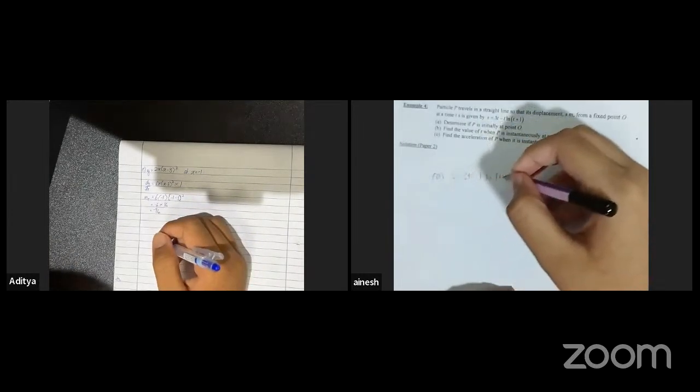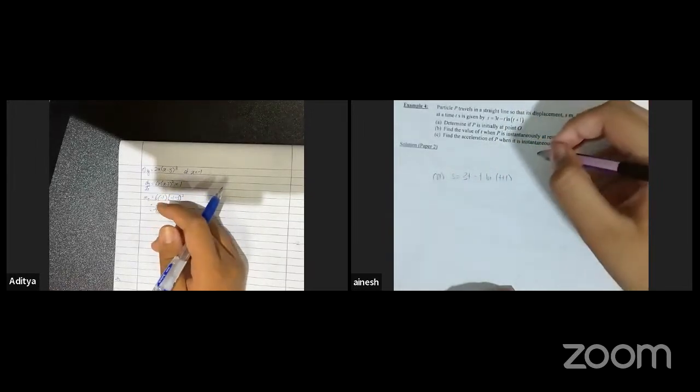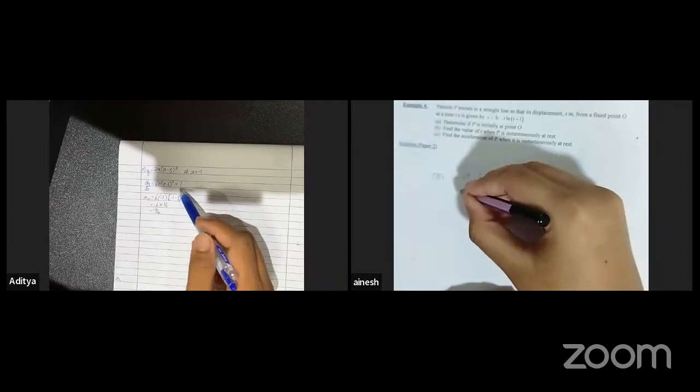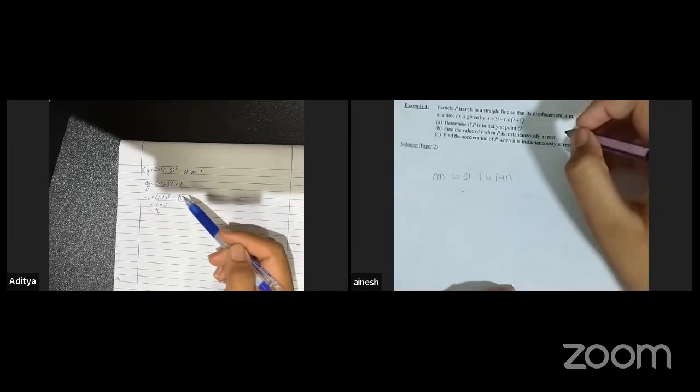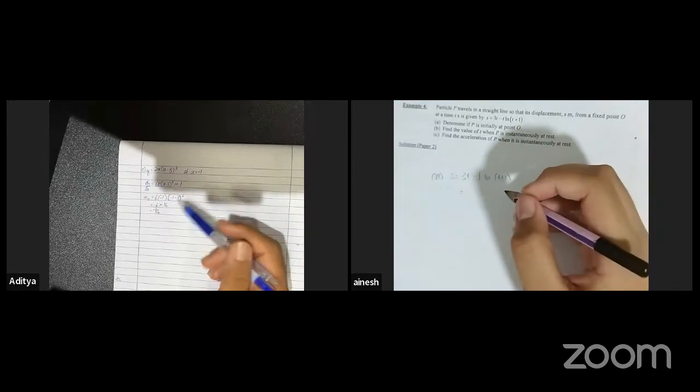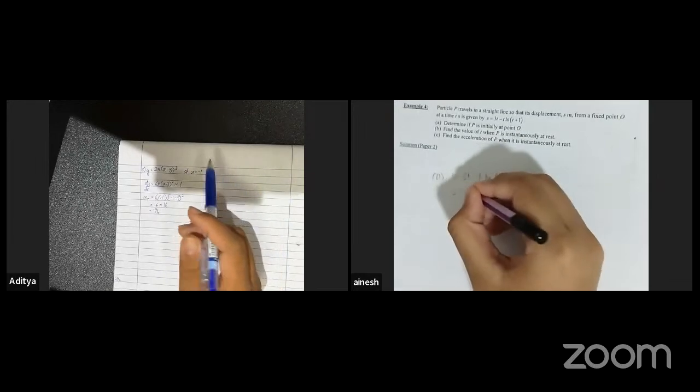Either product rule or expand, if you do not want product rule. It's just one, right? So I just left it like that. Do you remember your product rule? What is product rule?